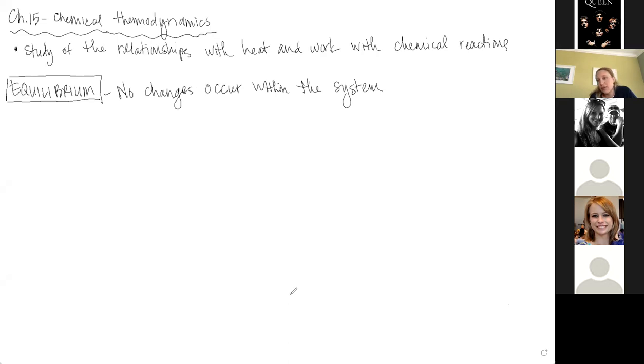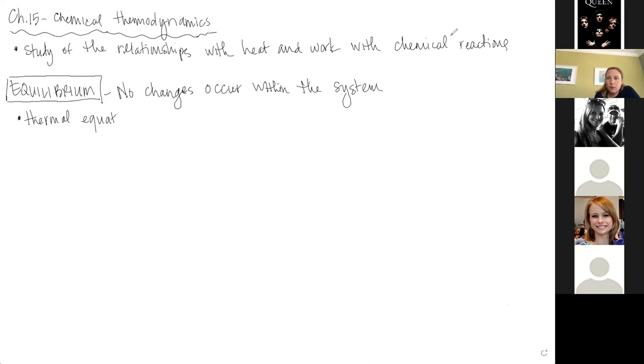What are some types of equilibrium that you know about or that we've already looked at in this class? So specific types of equilibrium. Yeah, Hannah, thermal equilibrium, like question 3 on exam 2.